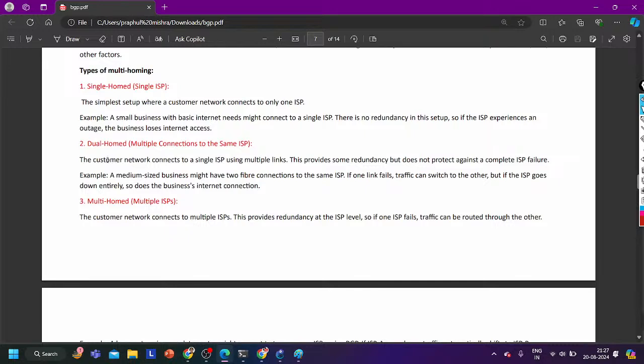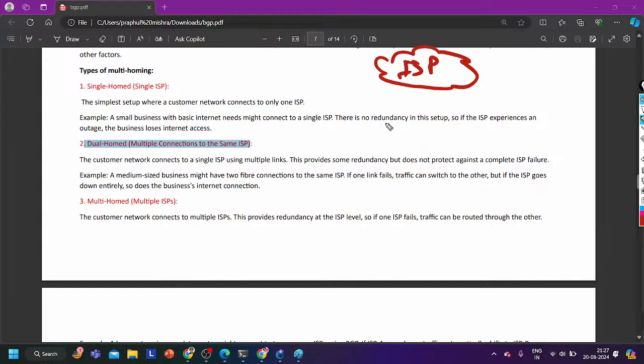Then guys, the second type of homing is dual home. Dual home means multiple connections to the same ISP. Let me design the diagram. ISP, internet, router, switch.